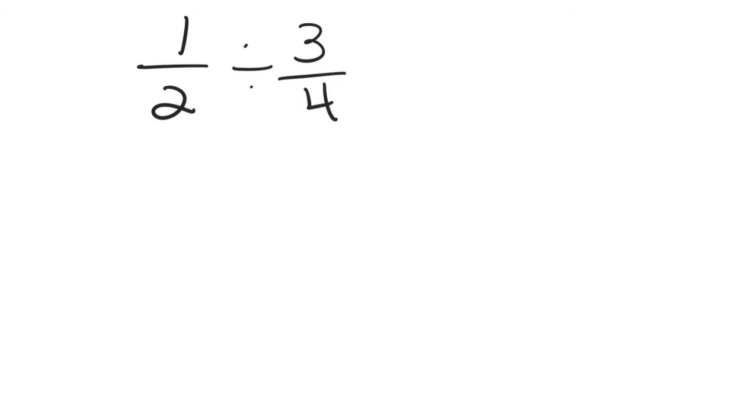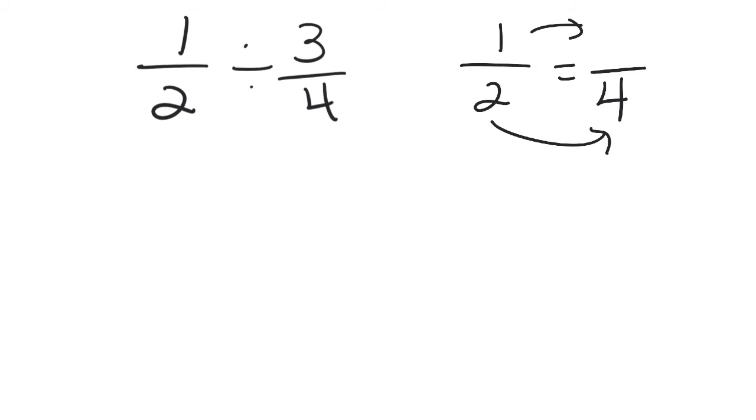Okay, let's take a look at a problem where the first fraction, the one that's being divided, is less than the one it's being divided by. So first thing, just like we've done on all the other ones, we need to find that equivalent fraction for half because we need them to have the same denominator. So we know that 2 times 2 is 4, so 1 times 2 would be 2.